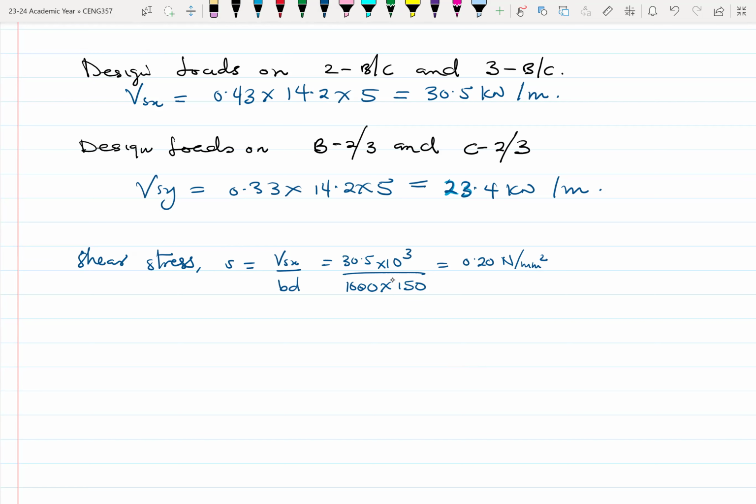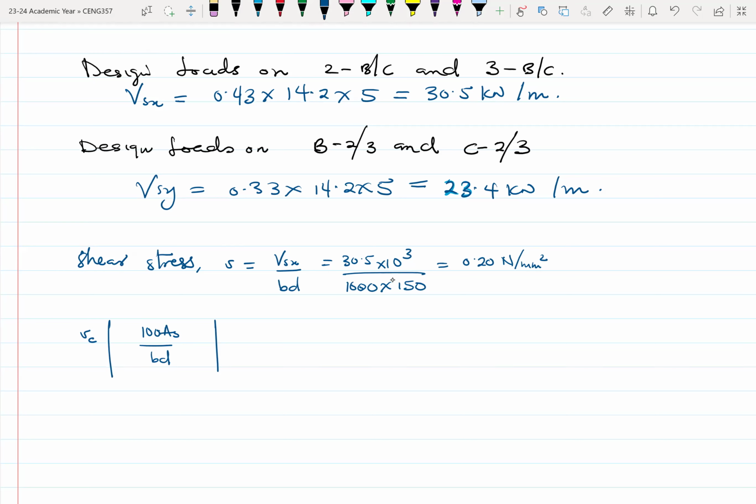So now let's find the concrete design stress, which is v sub c. And to find v sub c, we need to again go back to our previous tables. To find vc, we need to find 100As over bd.